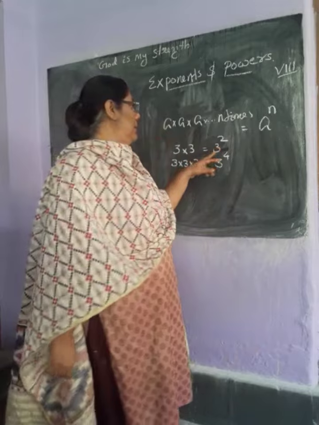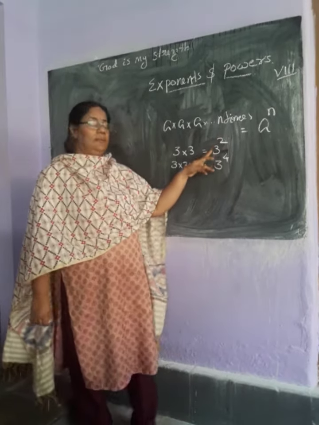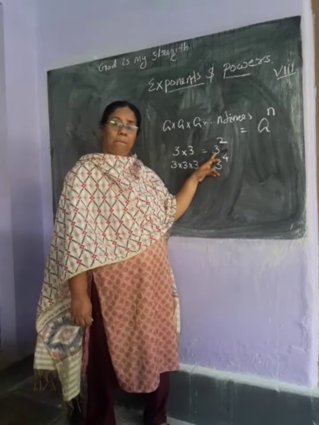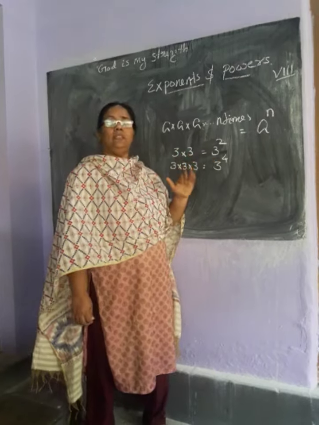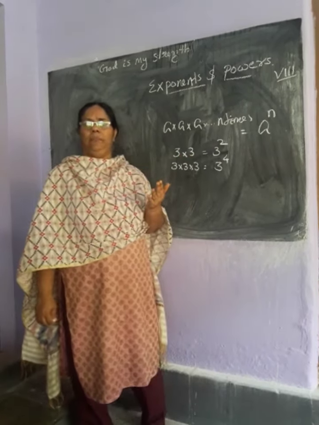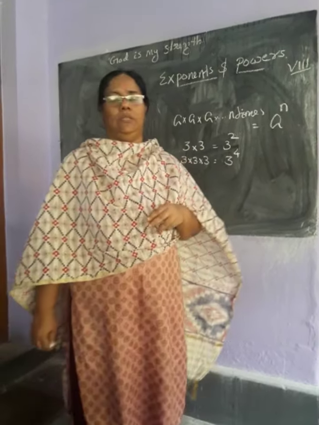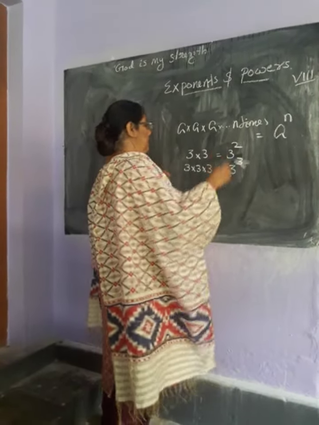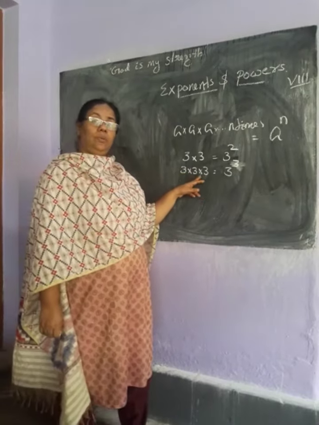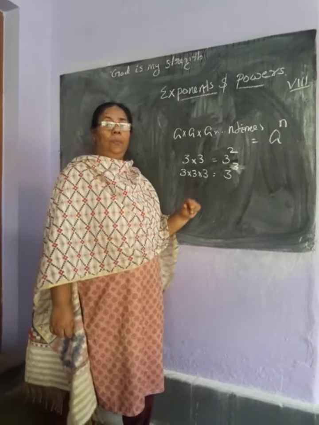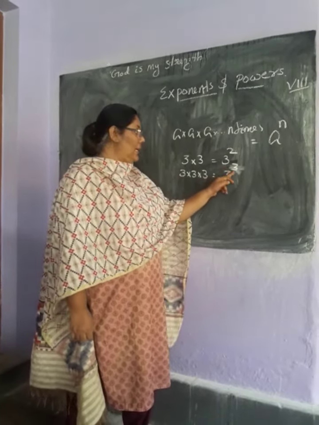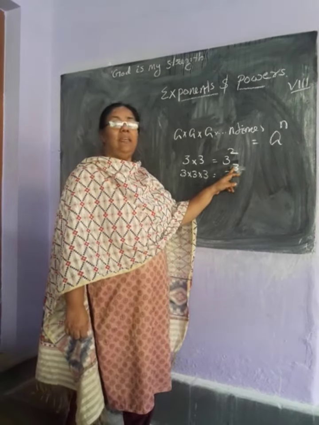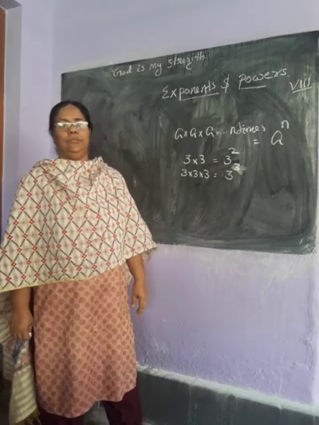Understand? In the second case, 3 is the base and 2 is the exponent, which means we write 3 two times. And 3 into 3 into 3 means 3 cubed. Therefore, 3 is the base and this 3 is the exponent.